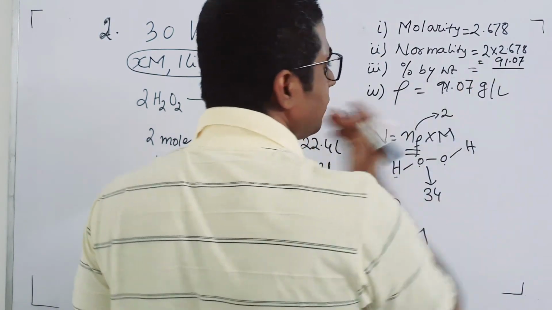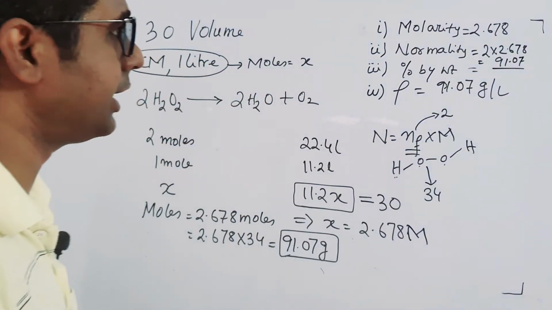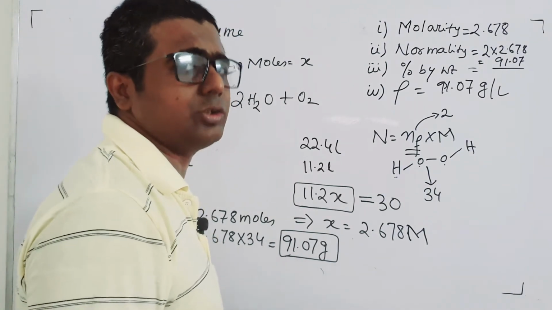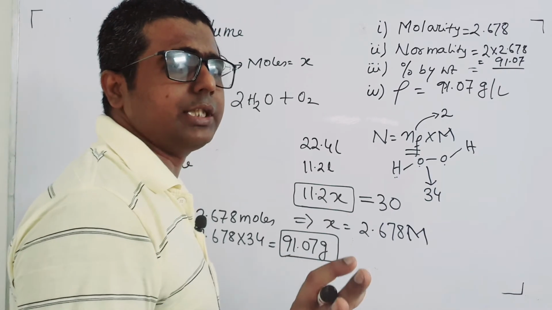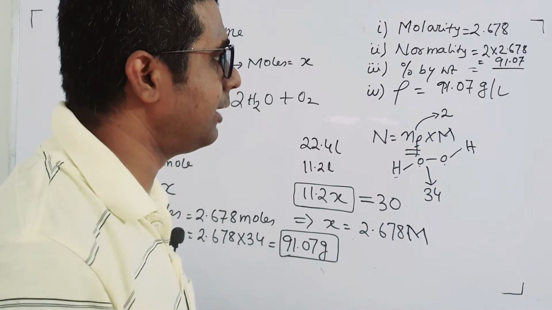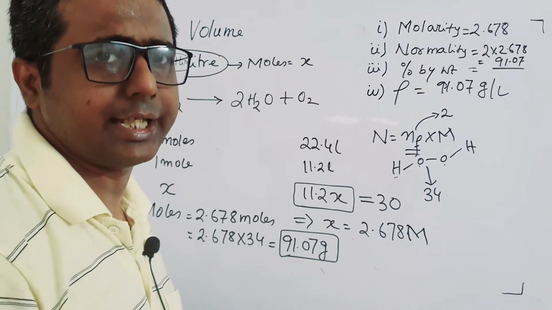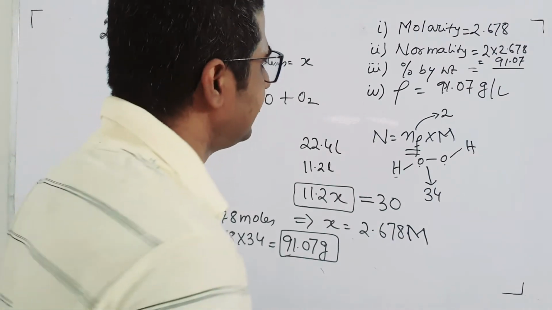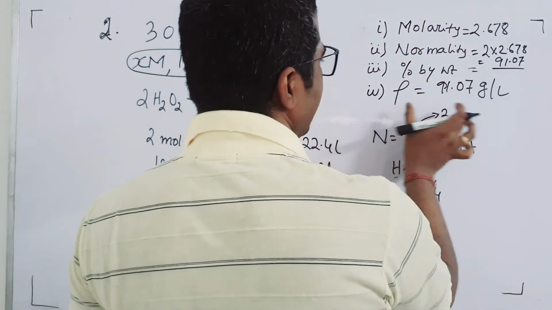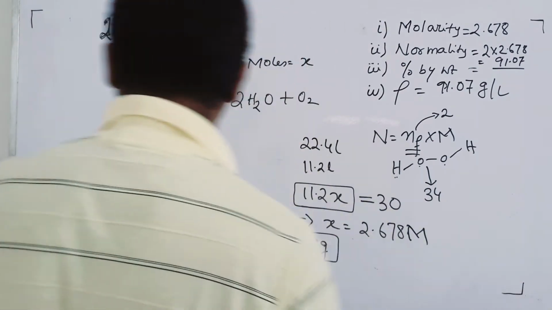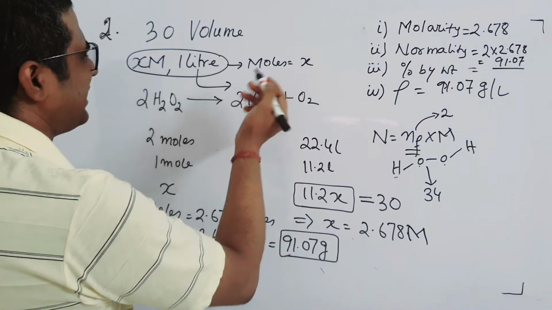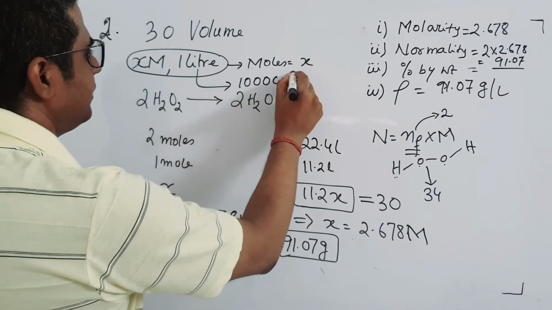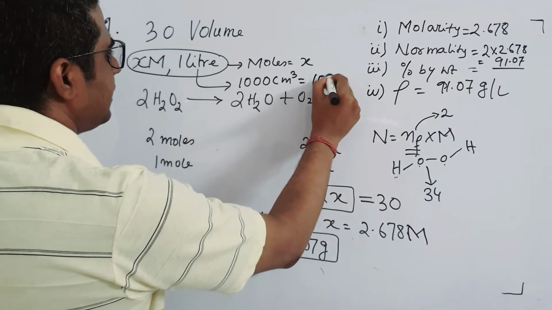Now the total solution, how many grams is the total solution? The total solution will be 1 liter. So 1 liter is basically 1000 cm cube, so that is 1000 gram.